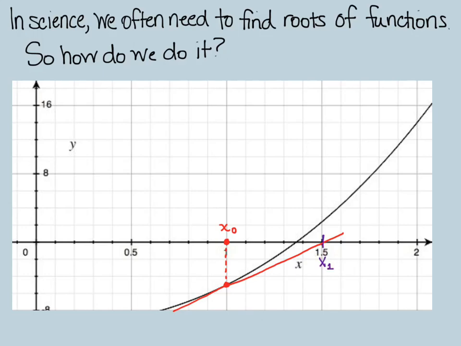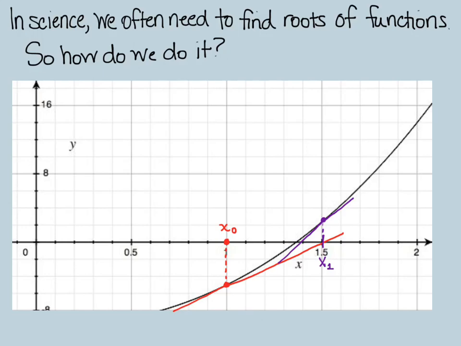Where the tangent line crosses the x-axis, that's going to be my new guess. In this case, x1 is my new guess, and it's going to be at the value 1.5. Notice that x1 is slightly closer to the actual root than my initial guess was. I can now repeat the process if I want. I can take x1 up until I hit the curve, so f of x1, and then draw a tangent line at that value.